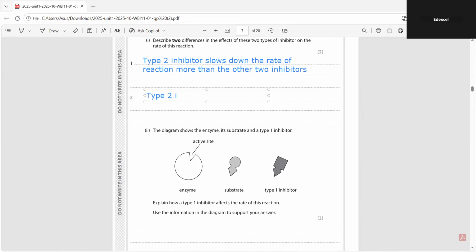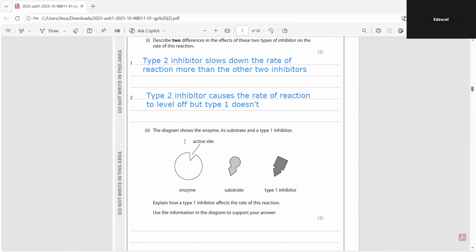Type 2 inhibitor causes the rate of reaction to level off. But type 1 doesn't. So these two are the main differences that you can write.